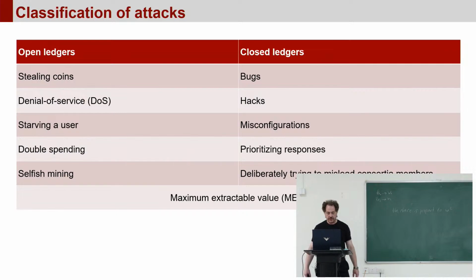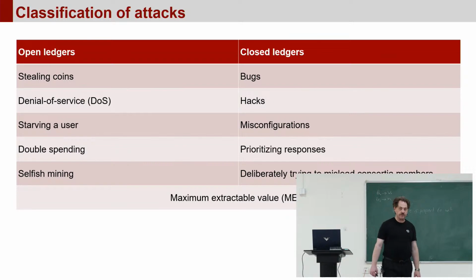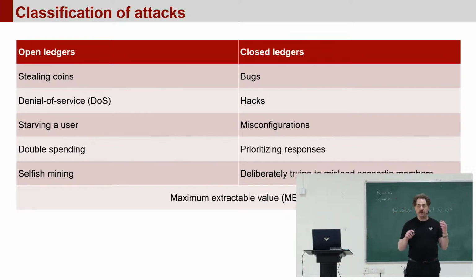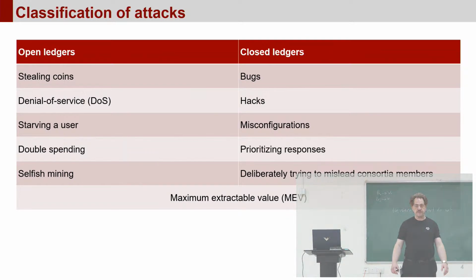In contrast, in closed ledgers, we have attacks, we have misconfigurations, but we also have some very interesting attacks related to consortia. Imagine that you have a consortium of healthcare institutions. So there would be some hospitals, some labs, some doctors, some pharmaceutical companies.